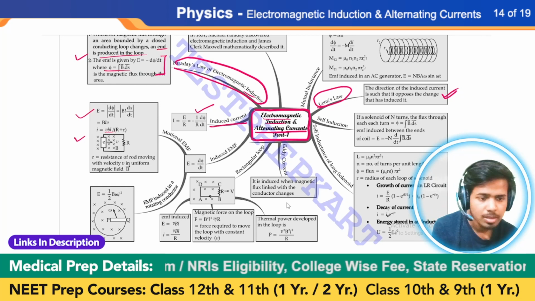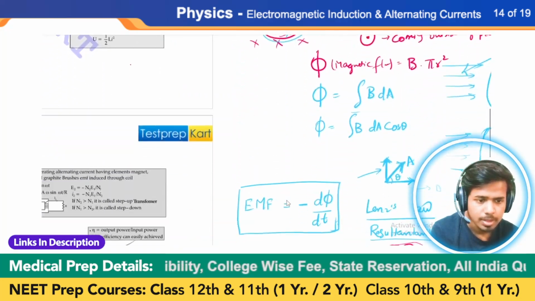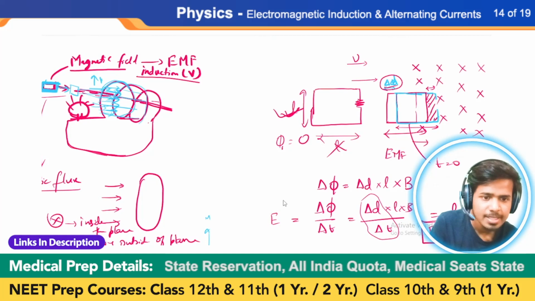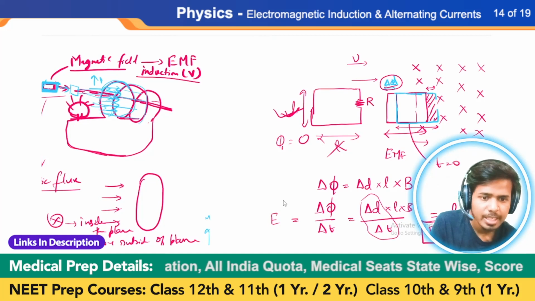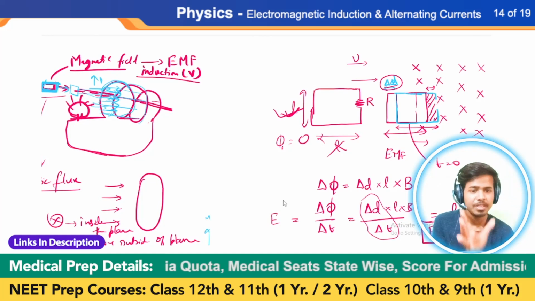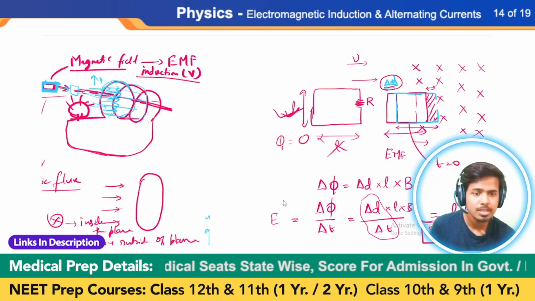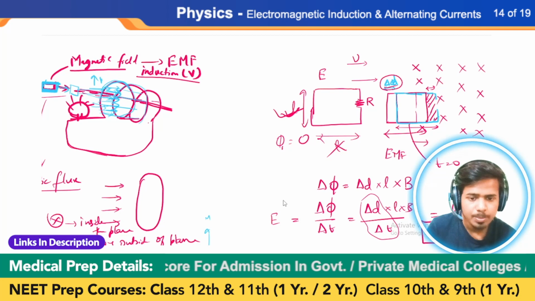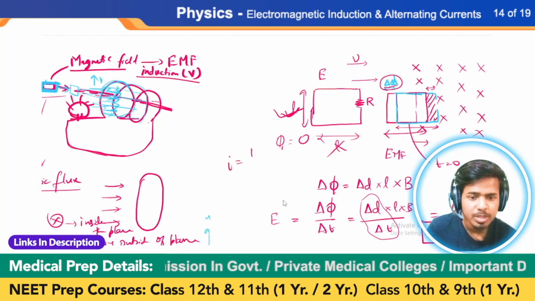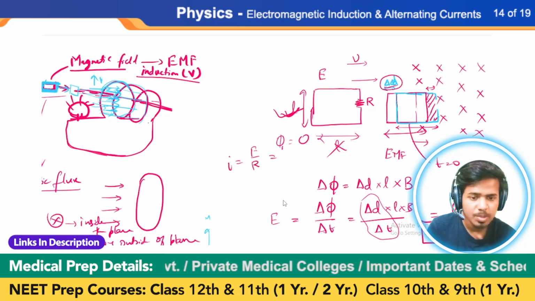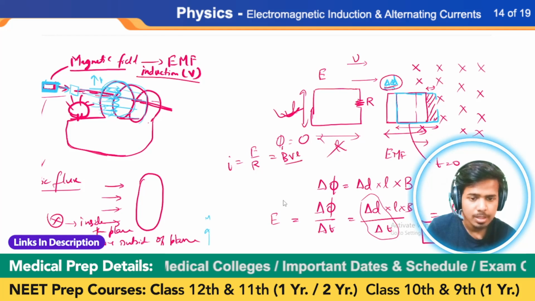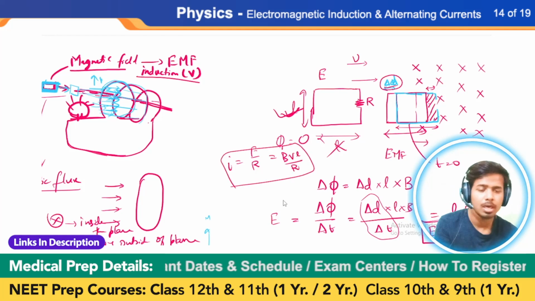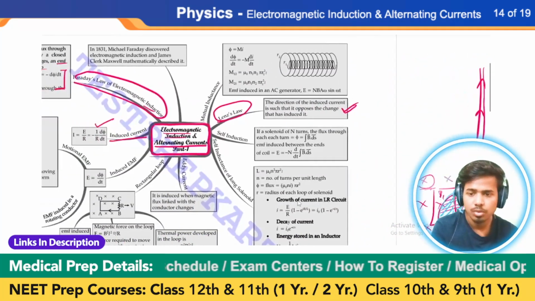Because this circuit, if it has a resistance of R and the EMF generated is E, then the current is I equal to E by R, right? And E is simply BVL that we have already discussed, over R. This is the current that will be generated due to this moving coil.